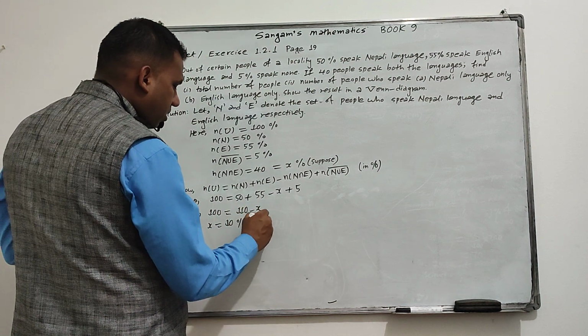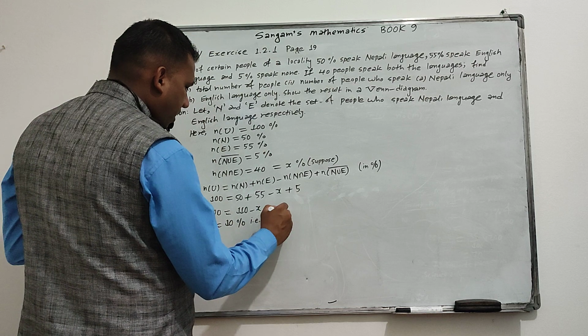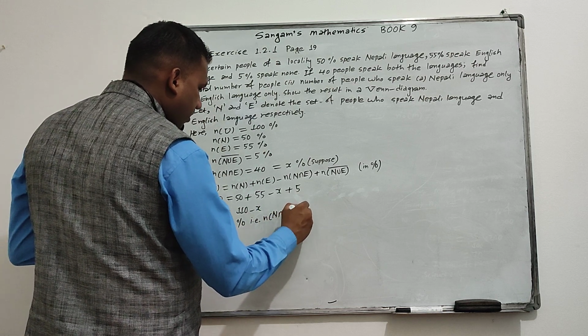That is, number of N intersection E equals 10%.